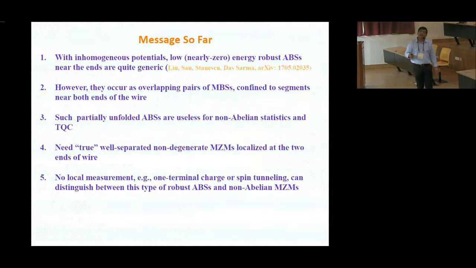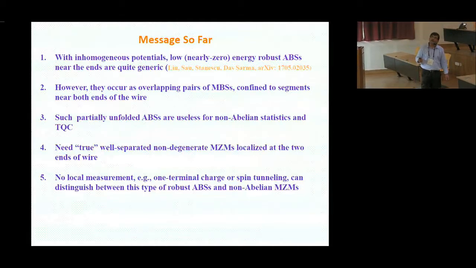With inhomogeneous potentials, low or nearly zero energy, robust Andreev bound states near the ends are quite generic. In this much more recent paper, which came out a month or 2 months ago, the Maryland group got very similar results doing different types of calculations, but the conclusions are the same.